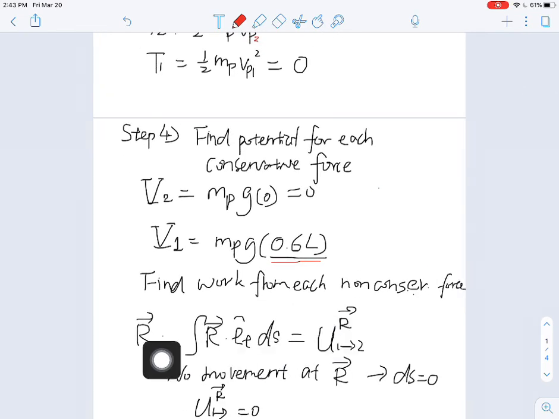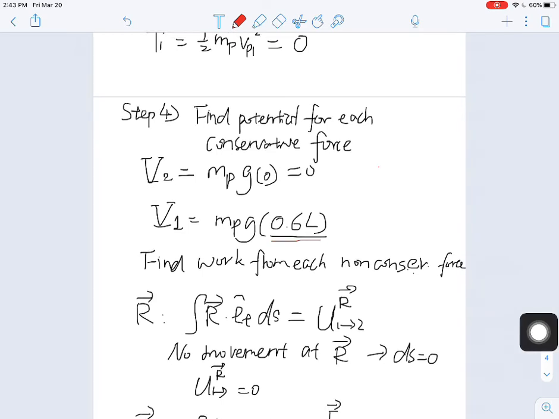The first force is a reaction force R, and the work done by the reaction force R can be written as this. But if you look at where that force is acting, that pin joint is not really moving anywhere. That's why the work done by the reaction force here equals 0, because there's no movement.